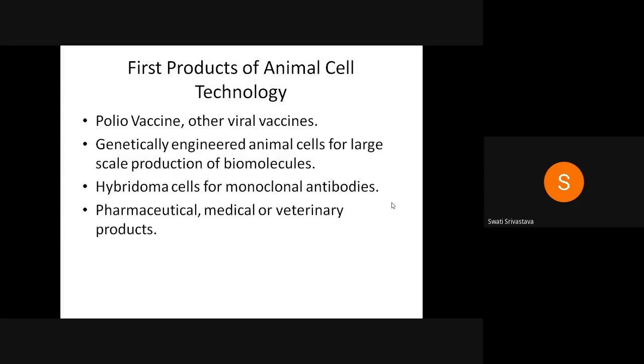Then there were genetically engineered animal cells for the production of biomolecules. Then the hybridoma cells, or fusion cells, were produced for the production of monoclonal antibodies. And there are various pharmaceutical, medical, and veterinary products that were also produced utilizing animal cell culture techniques.